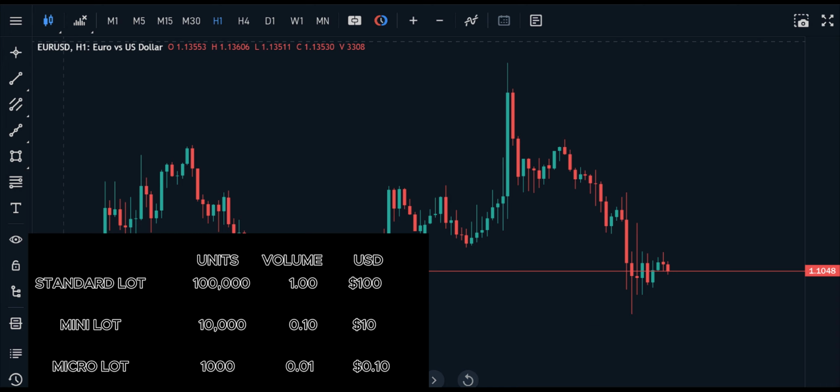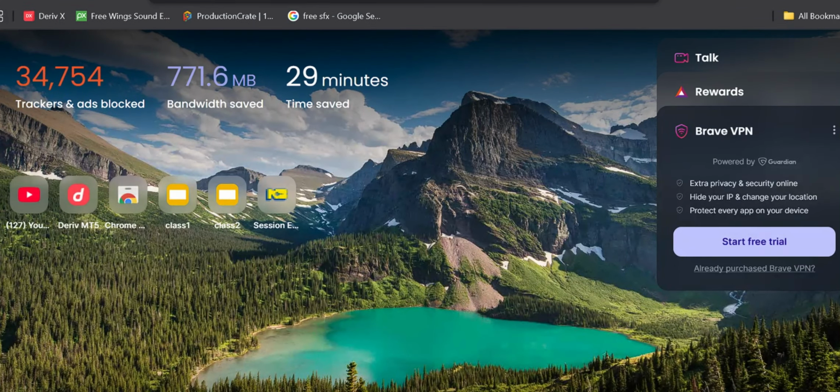If we had used a micro lot, which is 10 cents per pip at 0.01 volume, the 2 pips would equal 20 cents. You get the math? If not, and you just simply don't like math, that's where voila, that.